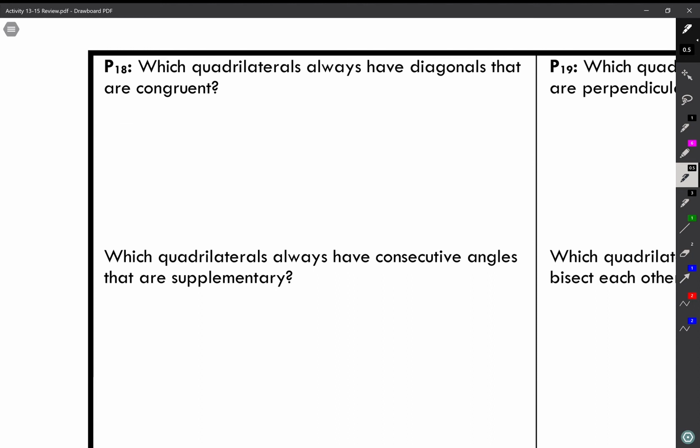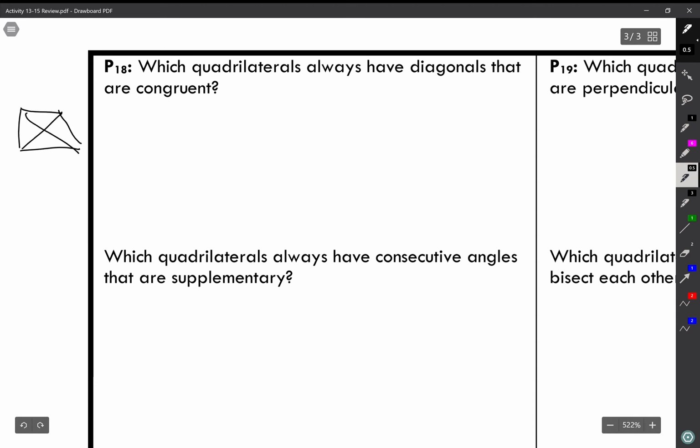Which quadrilaterals always have diagonals that are congruent? Okay, diagonals that are congruent. So, kites do not. If you need to, you can draw out a kite and see that. Obviously, one diagonal is much shorter than the other, so nope. How about a trapezoid?